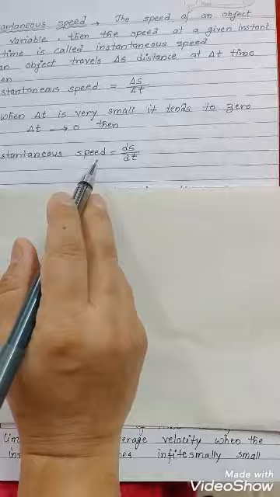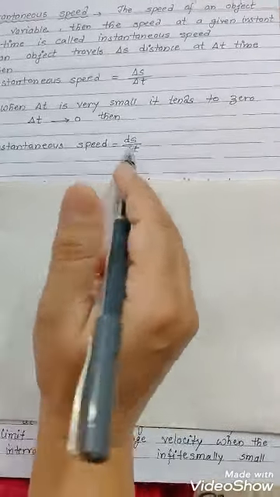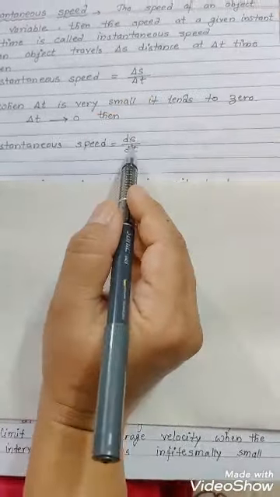Then the instantaneous speed will become ds upon dt. The del s we will write as ds, del t we will write as dt. So simply we can say the instantaneous speed is the derivative of the distance travelled with respect to time.